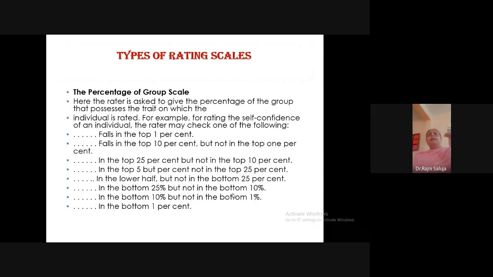We can say that the richest people fall in the top 1%, and poor people fall in the maximum criteria of 10%, like this way. This is just an example. So when we use percentage, that is the percentage group scale.